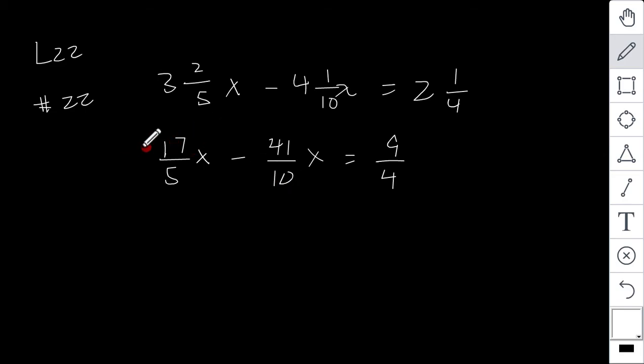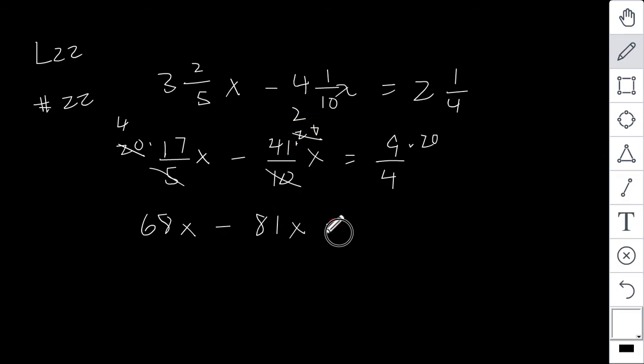So I'm going to multiply everybody by 20. 5 goes into 20 4 times, 4 times 17 is 68x. Minus 10 goes into 20 2 times, so it's going to be minus 82x. And 4 goes into 20 5 times, and that's going to be 45. So we have that all set up.